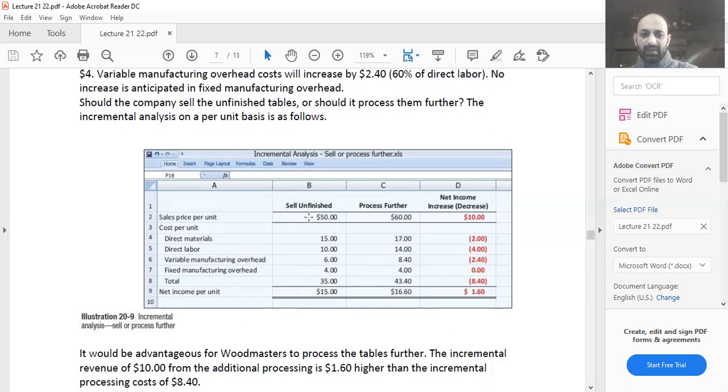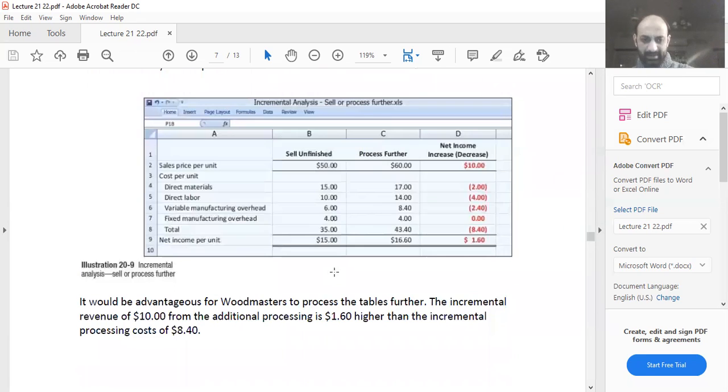So when you sell unfinished, the net income is $15, and if you process further and then sell, the net income will be $16.60. It would be advantageous for Woodmasters to process the tables further.